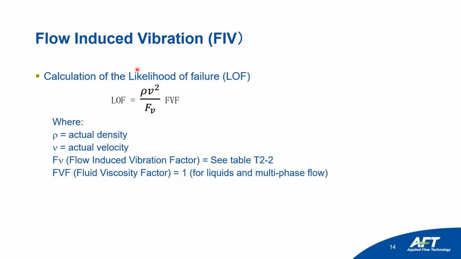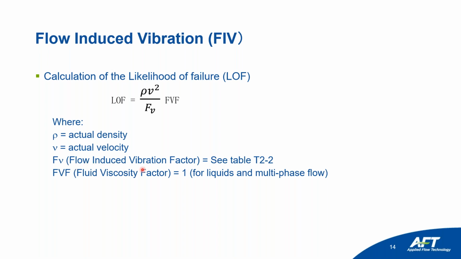So the calculation of the LOF, the likelihood of failure, for flow-induced vibration is rho times V squared multiplied by FBC divided by FB, where rho is the actual density and V is the actual velocity. In this term, rho times V squared is the kinetic energy of your fluid.